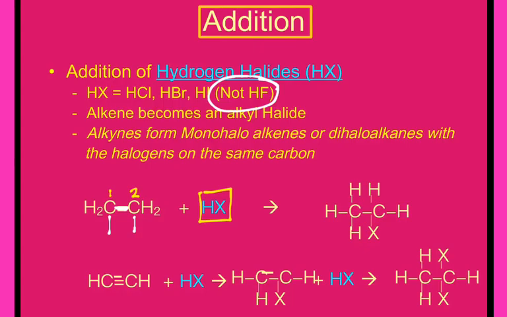Here's the question. Between carbon number 1 and carbon number 2. All right, let me put it this way. Carbon number 1, it's surrounded by how many hydrogen at this moment? 2. Carbon number 2, it's surrounded by how many hydrogen at this moment?